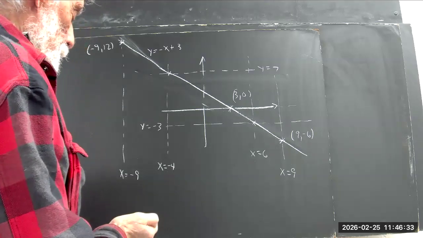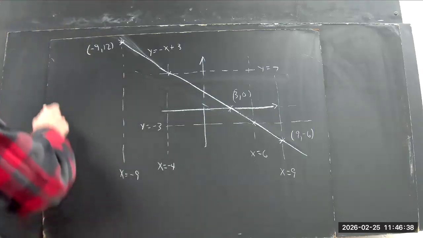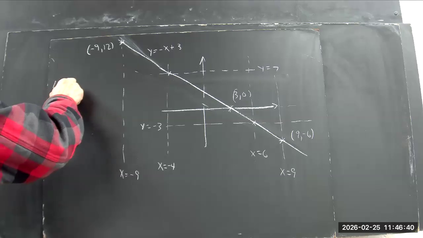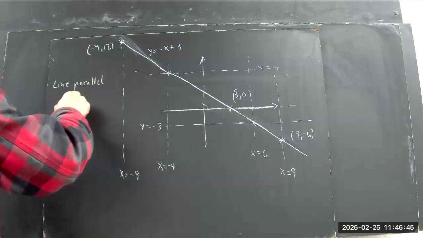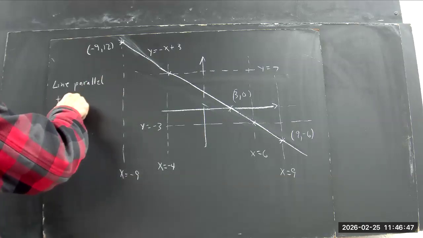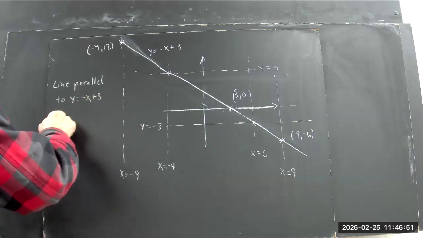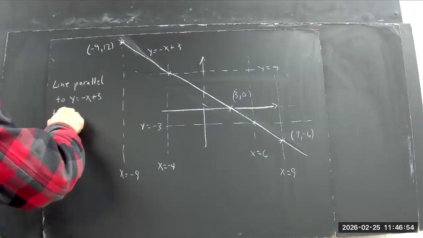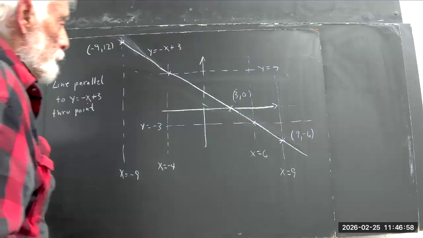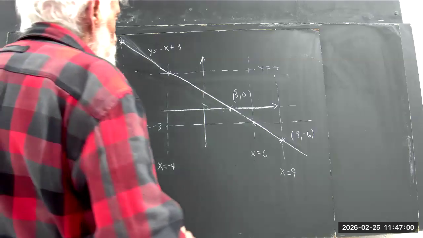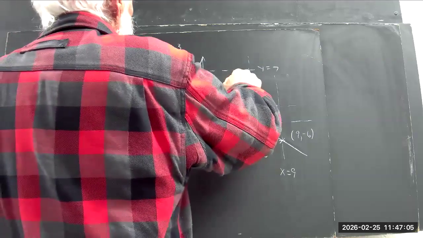Now, the question we want to ask today is, can we find a line parallel to y equals -x plus 3 through the point, well, let's just say through this point.